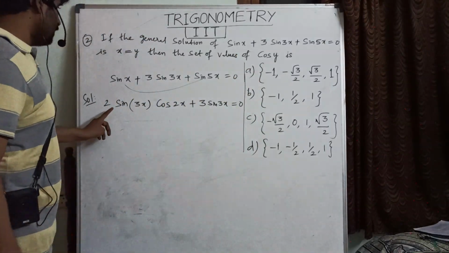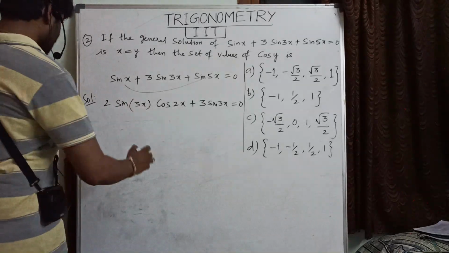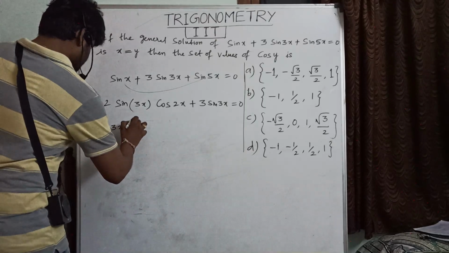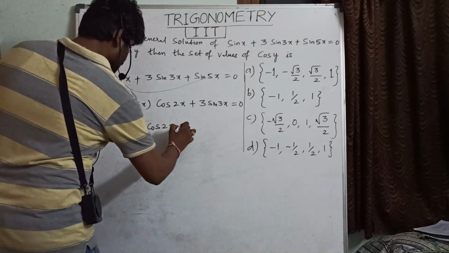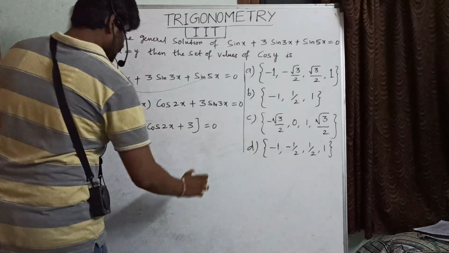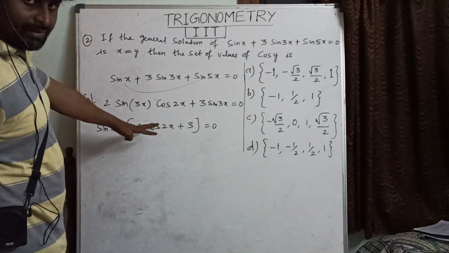Now from these two, what can we take out common? Sin 3x common, correct? If I take sin 3x common, what will be left inside? 2 cos 2x plus 3 equal to 0. After taking sin 3x common, the inside expression will be like that.